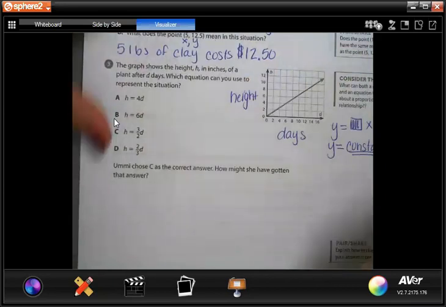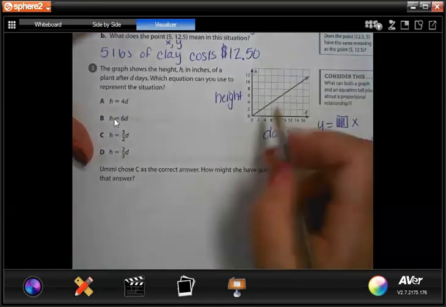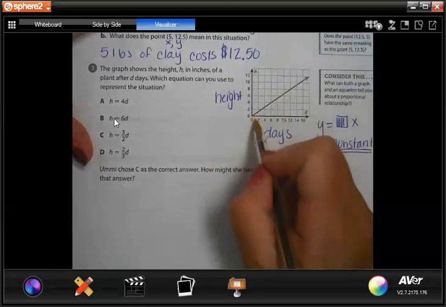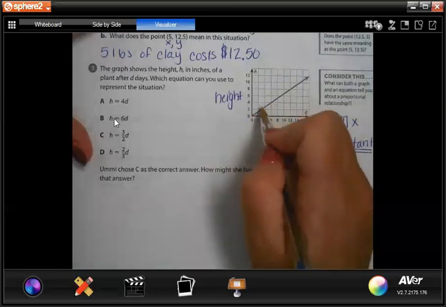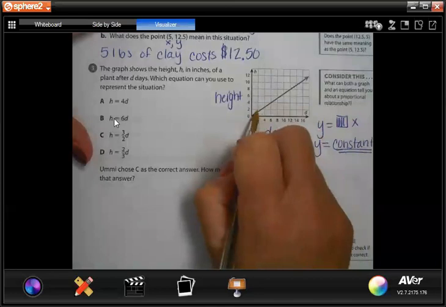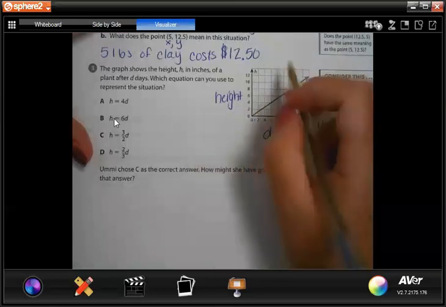So to find our constant, we have to find good intercepting points. Because if you look, here's where 1 would be right here, and we don't know what that number over there is, so we can't use it. 2 and 2 is right here. The line doesn't even go through that. So 4, I don't know where that would be. Oh, but look at here.